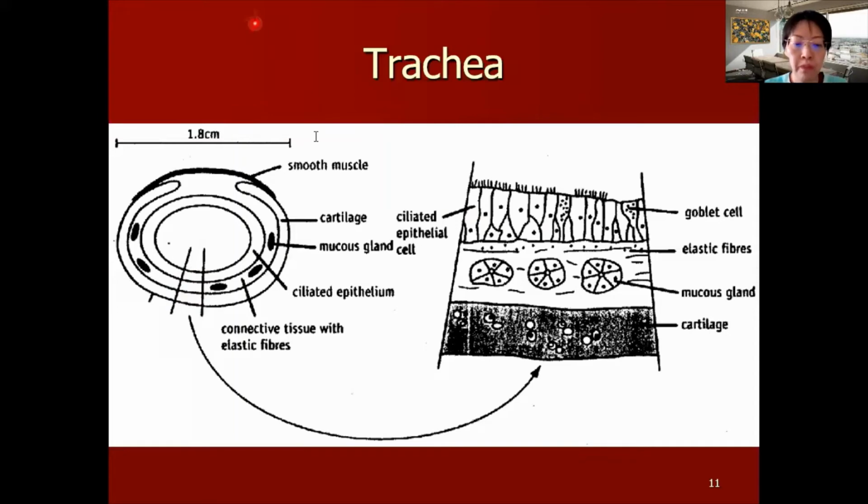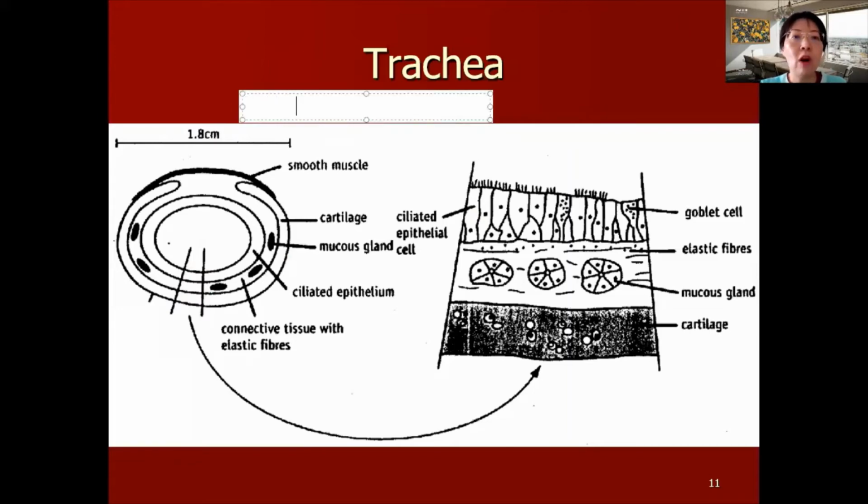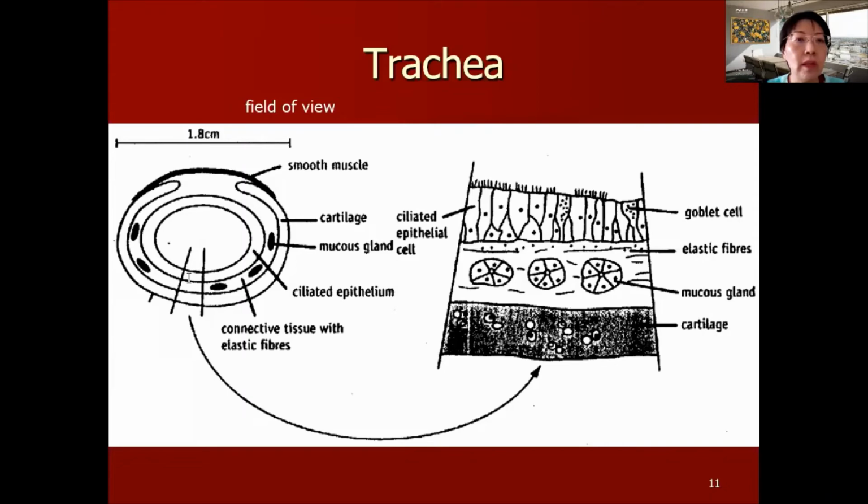Remember the field of view? F-I-E-L-D, field. So you bring this part to the center of the field of view, then you change to the next higher magnification, and you might be able to see a structure like this on the right side.